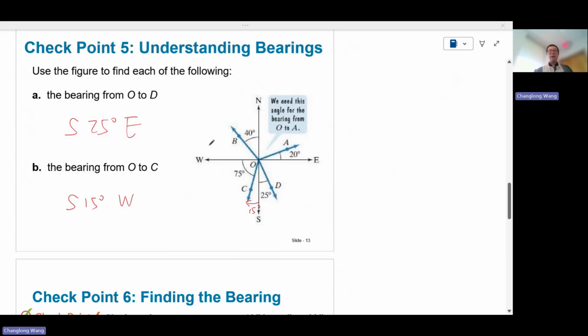But it's letter B that might be a bit confusing. Let me see what they want. What is the bearing of the boat from the harbor entrance?